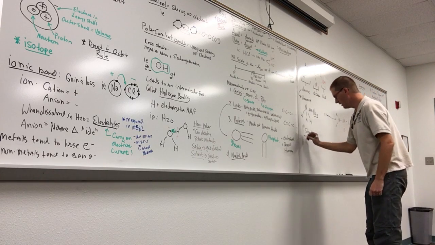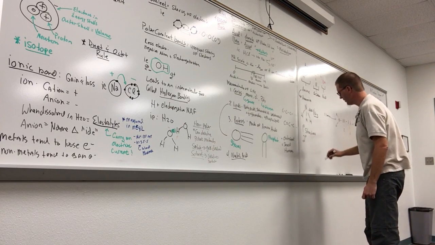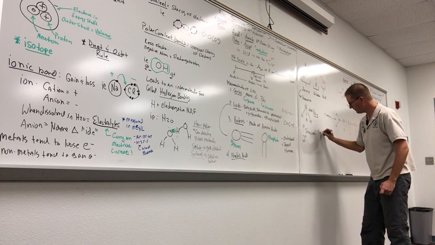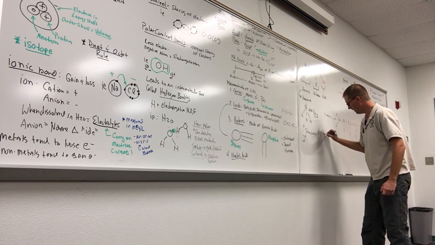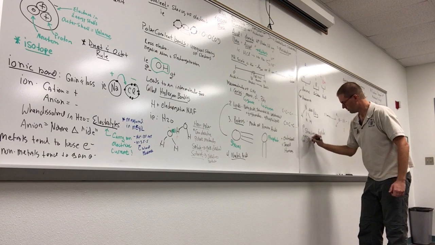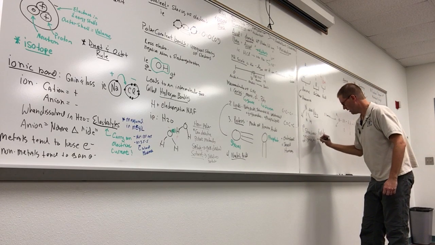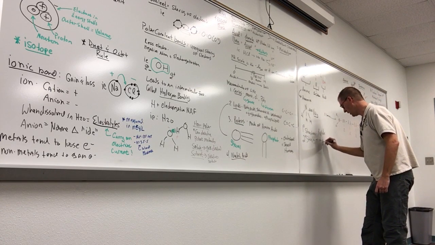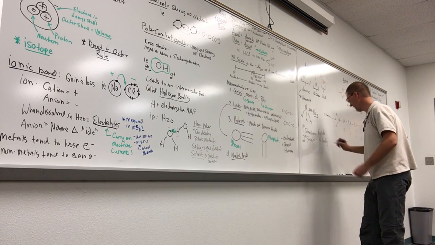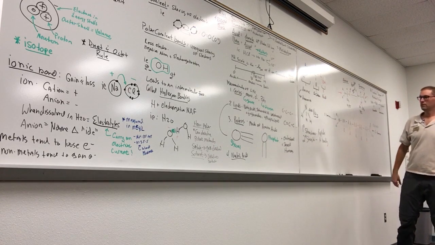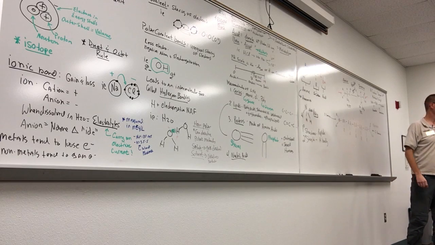Hydrogen bonding is what produces the secondary structure. The primary structure is the peptide bond. All right. The secondary structure is primarily hydrogen bonding. Okay. You guys cool with that?